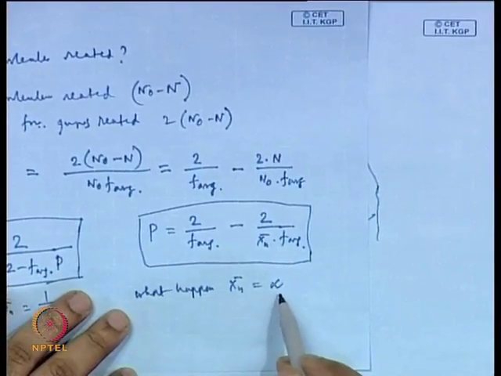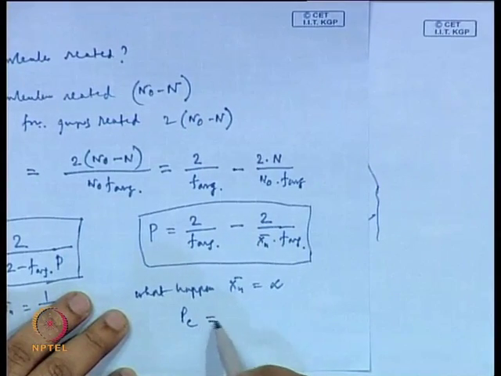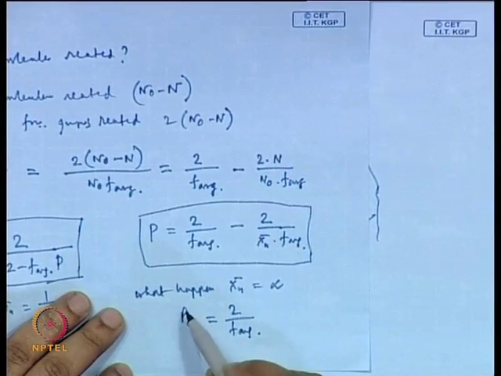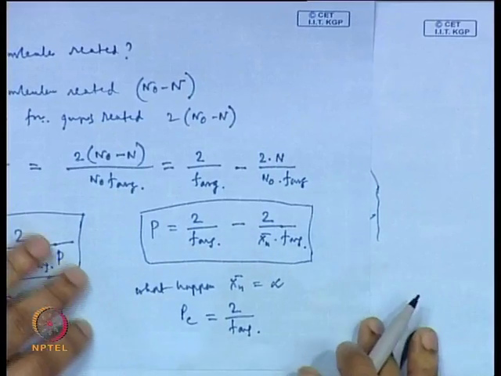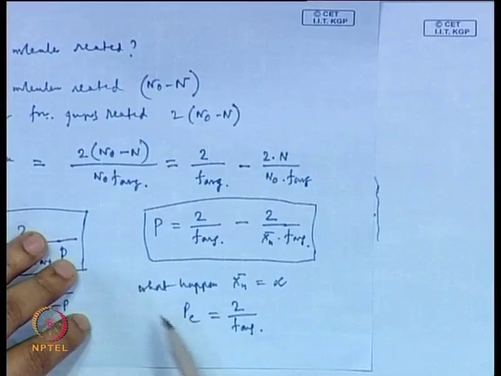So when the molecular weight becomes infinity for the first time, that conversion is termed the gel point. When Xn is infinity, Pc, the critical conversion at which there is the first gel formation or network formation, gives you 2 by F average.